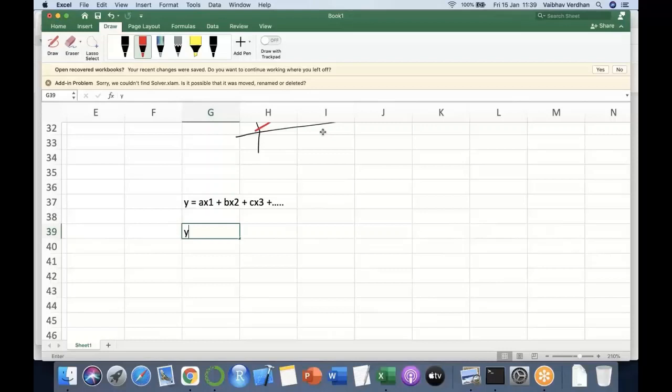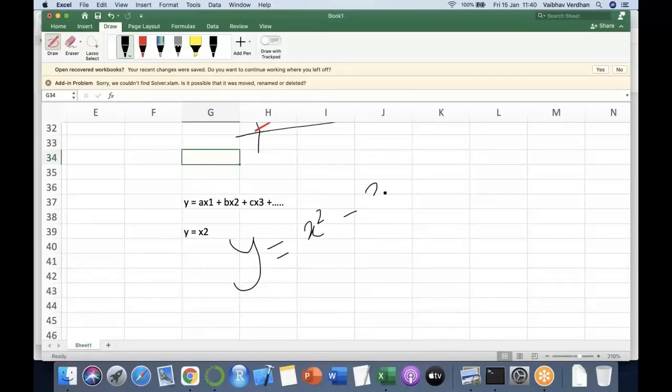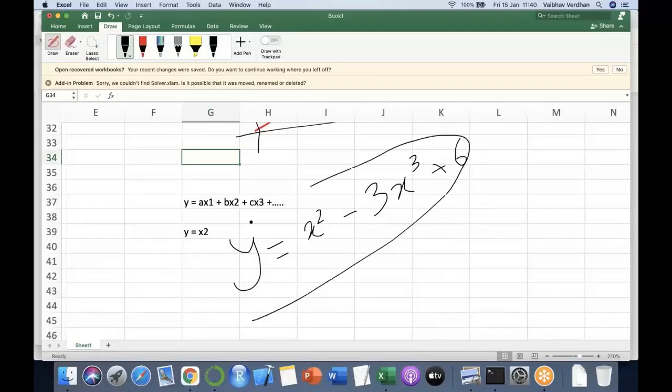But you can extend this to y is equal to x square. Why not? You can have equations where y is equal to x square minus, let's say, 3x cube plus 6, a very hypothetical equation. Or let's say x1 square, x2 square, right?